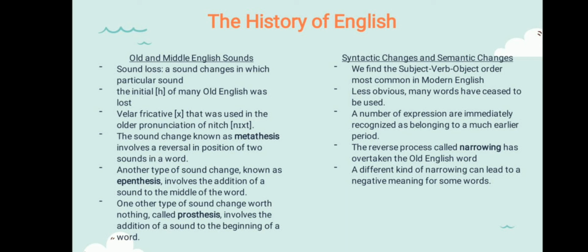Syntactic and semantic changes. Syntactic changes. We find the subject-verb-object order most common in modern English, but we can also find a number of different orders that are no longer used. Less obviously, many words have ceased to be used.